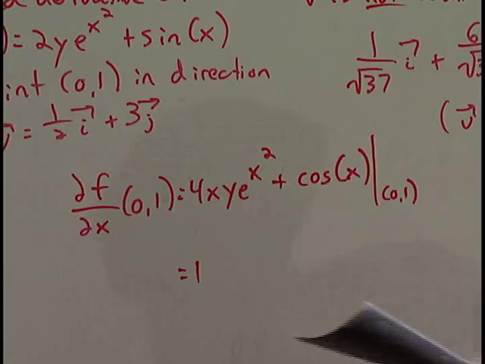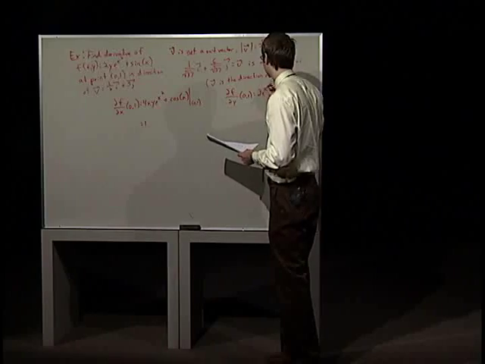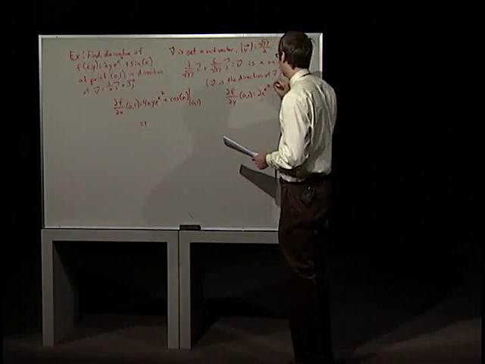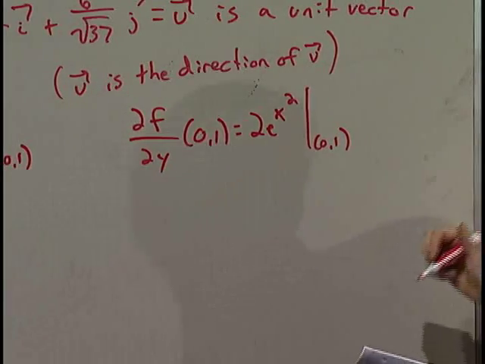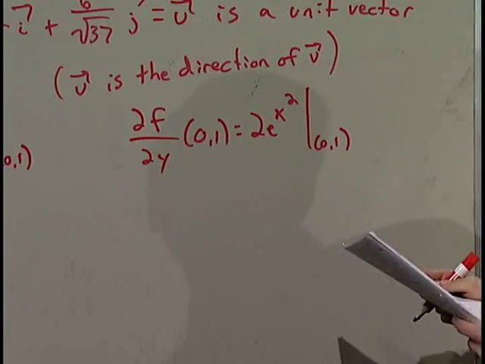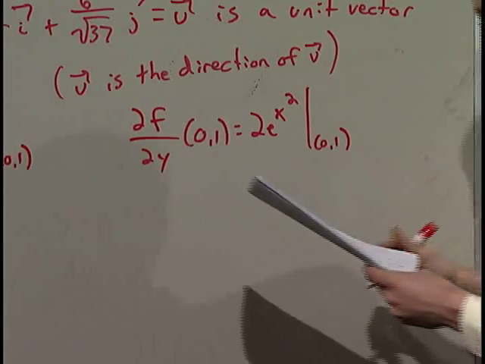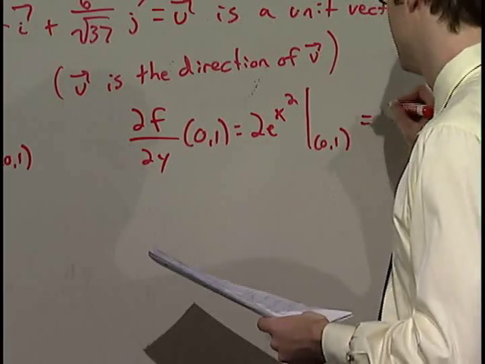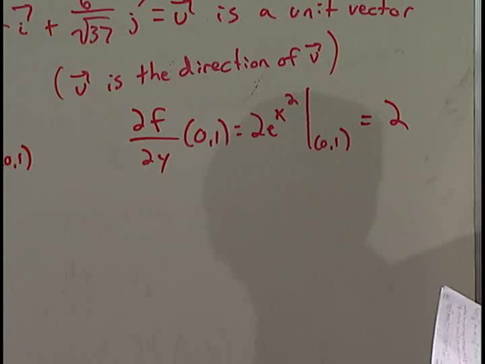The 2e to the x squared acts like a constant here, so the derivative is 2e to the x squared, and the sine x term is toast because it's just 0. Evaluate that at (0, 1): you get 2 times e to the 0, which is just 2, since e to the 0 is 1.